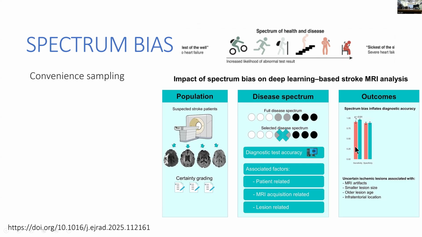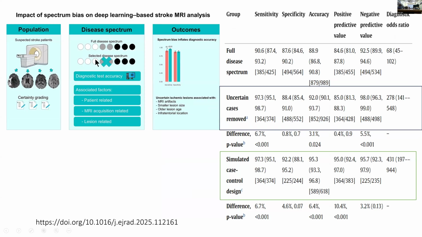this orange bar is your sensitivity and specificity if we take the whole, full spectrum. But if we take only the extremes, then your sensitivity and specificity falsely go up. That is just because you have not chosen the correct spectrum. In the same study, if you take the whole spectrum, you can see the sensitivity is around 90 and specificity is 87.